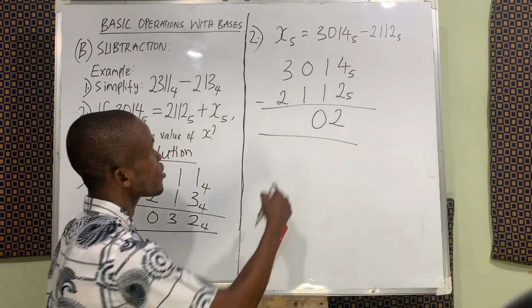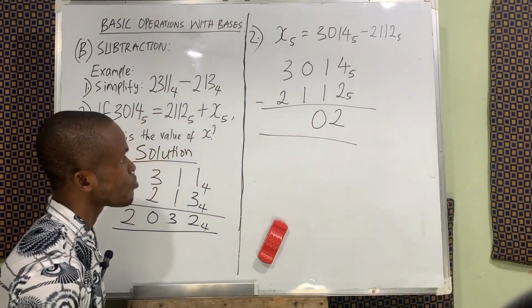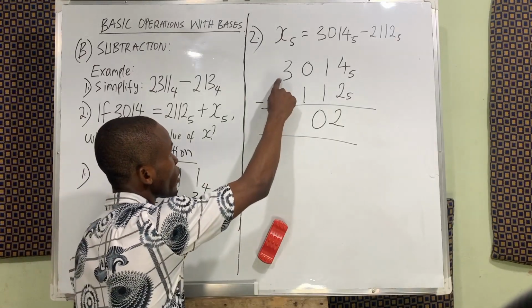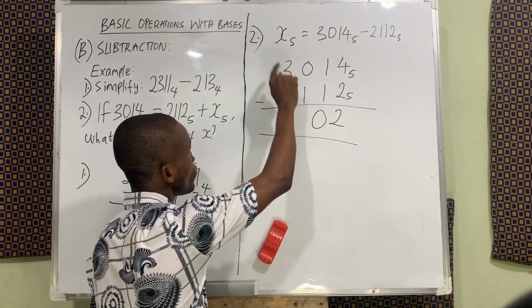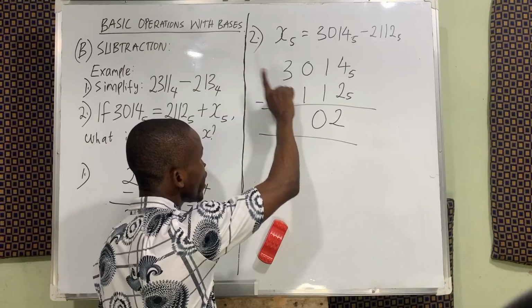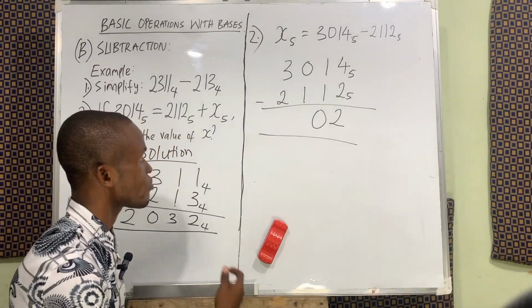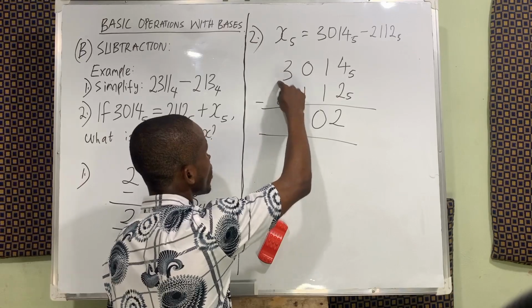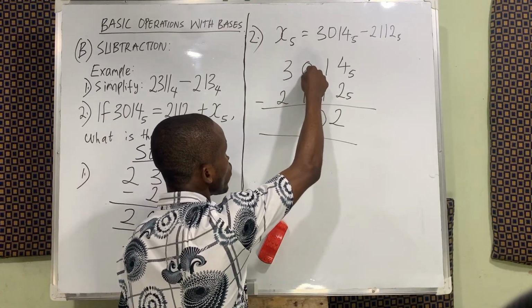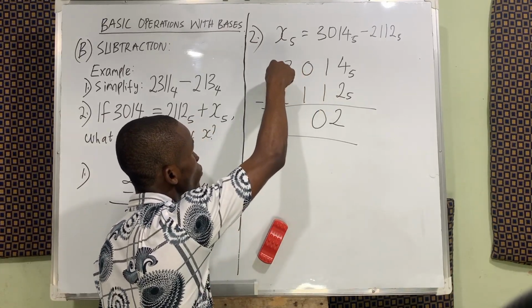Alright, subtracting 0 minus 1, not possible. What do we do? Come to the next number, 3, and borrow 1. Each one you borrow is like borrowing a whole number, 5. So if you borrow 1 from here, that is 5. 5 plus 0 is 5. What will be left here will be 2.